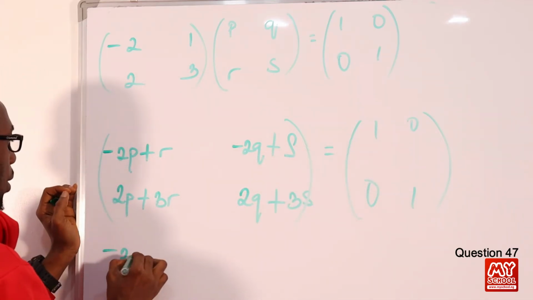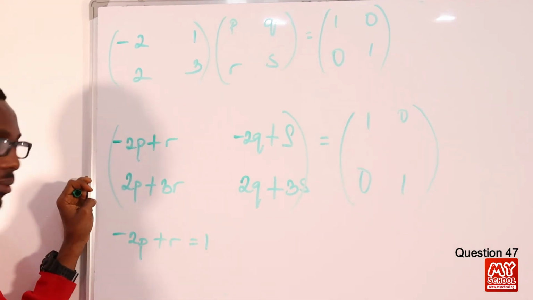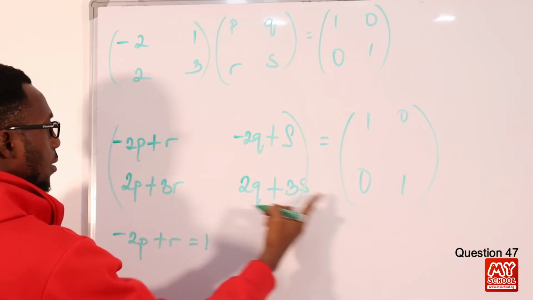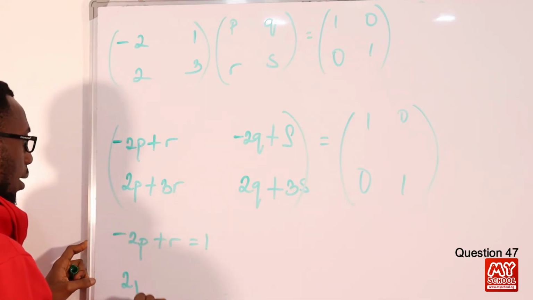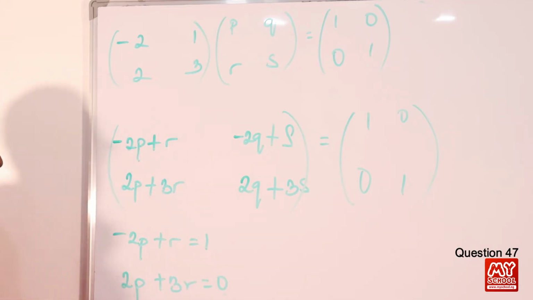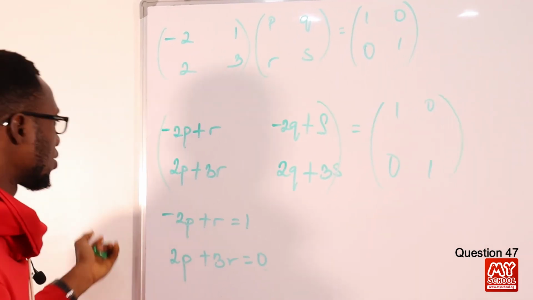So minus 2p plus r equals 1, right? Okay, then I have this and this. I have 2p plus 3r equals 0. Super easy. So I can use substitution method. Okay, let's just use substitution method.